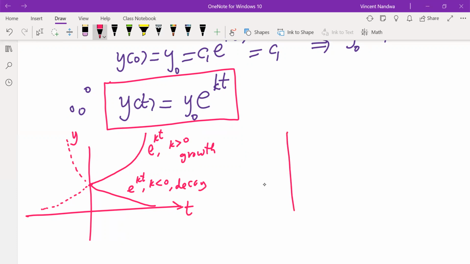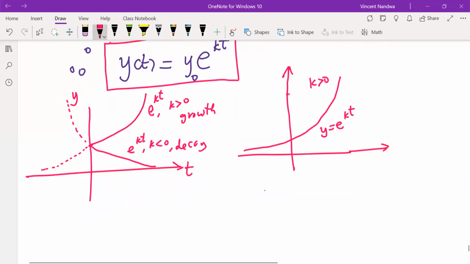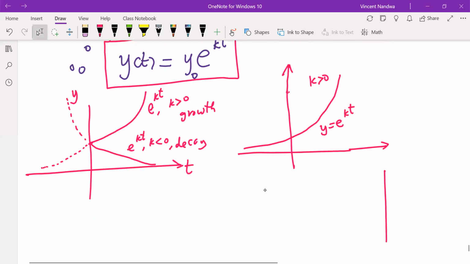Remember, this is how the graph of y equals e raised power kt behaves for k positive, and k negative. This is how the graph looks like.